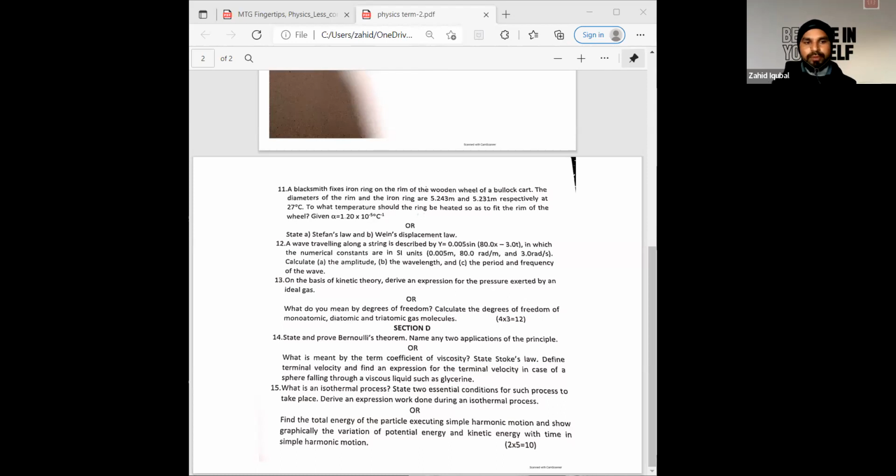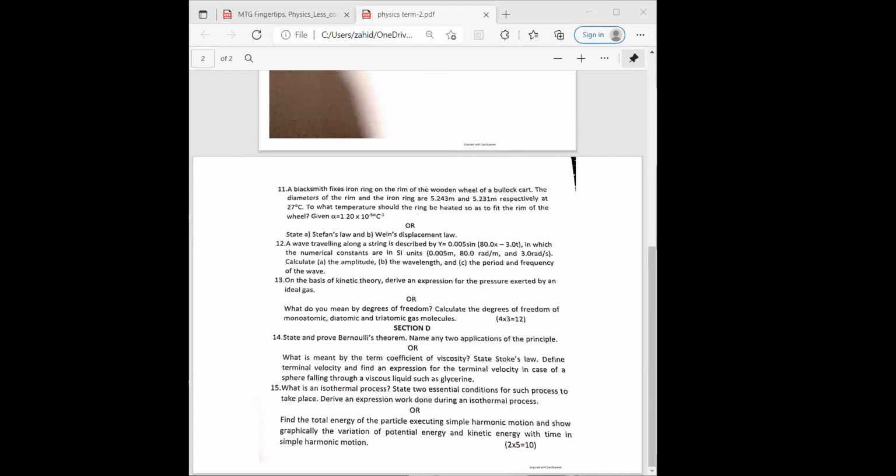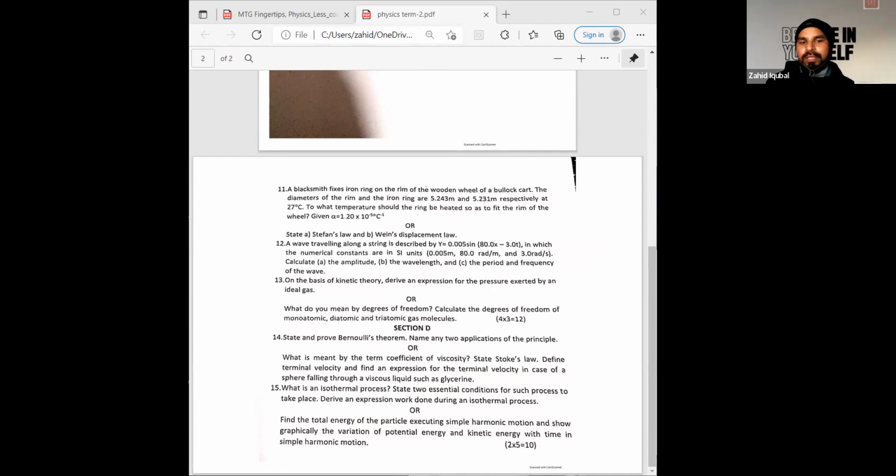Just see question number 14. State and prove Bernoulli's principle. Name any 2 applications of this. The or part is, what do you mean by the term coefficient of viscosity? State Stokes' law.